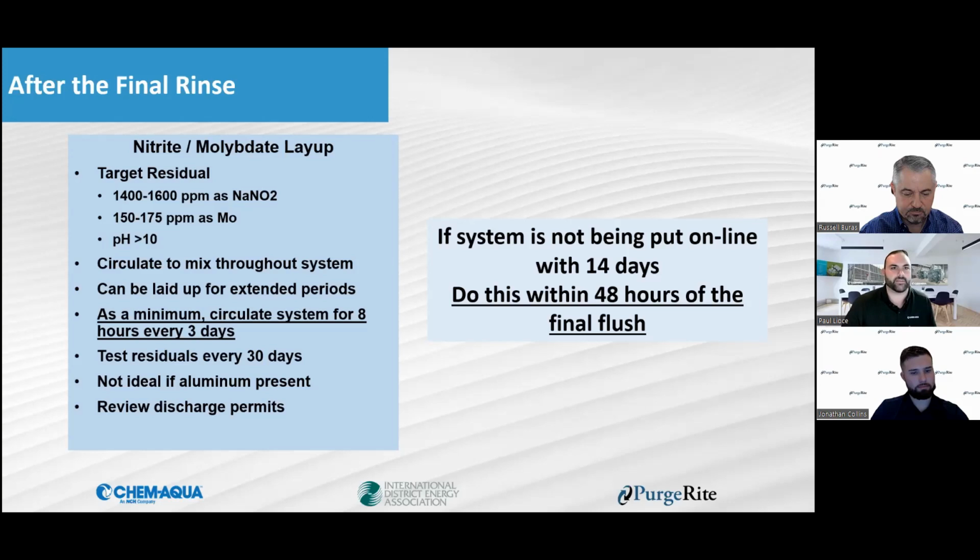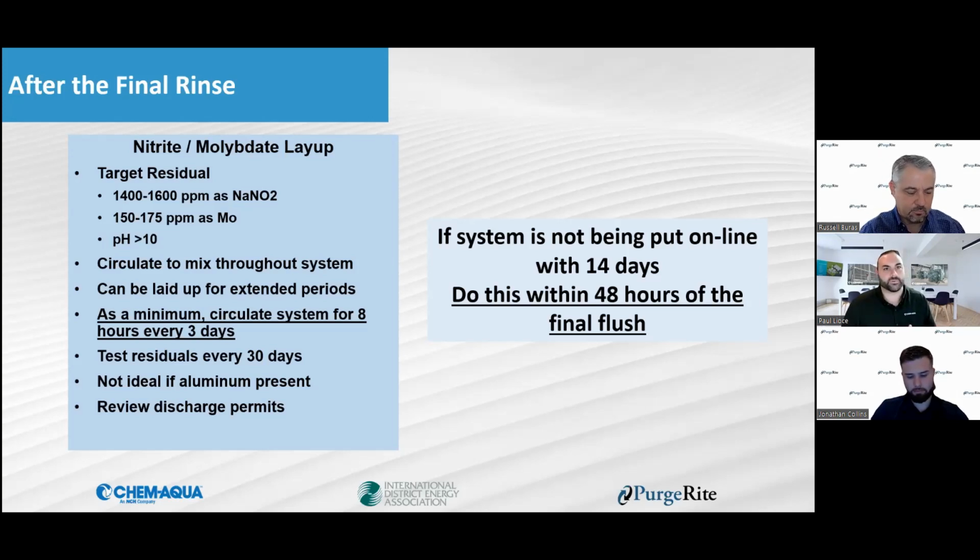We want to protect that pipe from biologically induced corrosion. So when you want to do that, we want to make sure, like I said, that we circulate it through the system and get a good dispersion of that chemical. This can be laid up for an extended period of time if you wanted to, but maintaining the circulation at least every 3 days for 8 hours, that's a must.